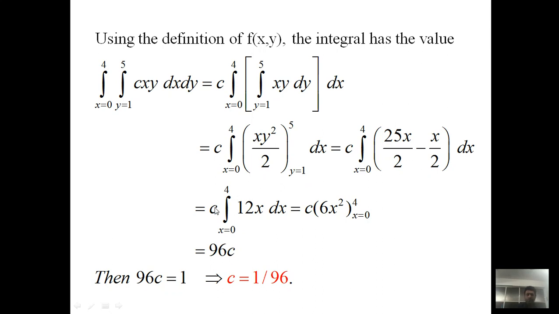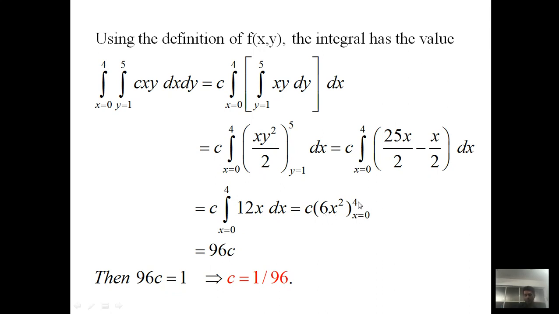Now again the constant is as it is, x 0 to 4, and simplifying this, we get 24x by 2, that is 12x dx. So this is just a single integration with respect to x. c is as it is, 12 is a constant so it is outside, integration of x square by 2, 12 by 2, that is 6.